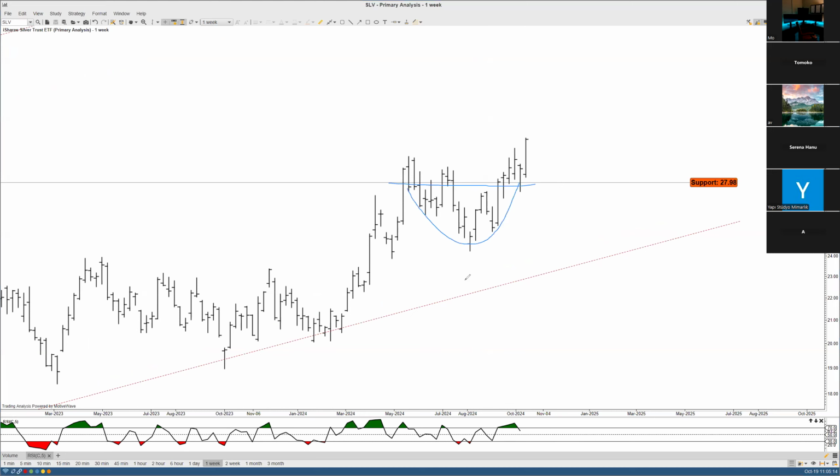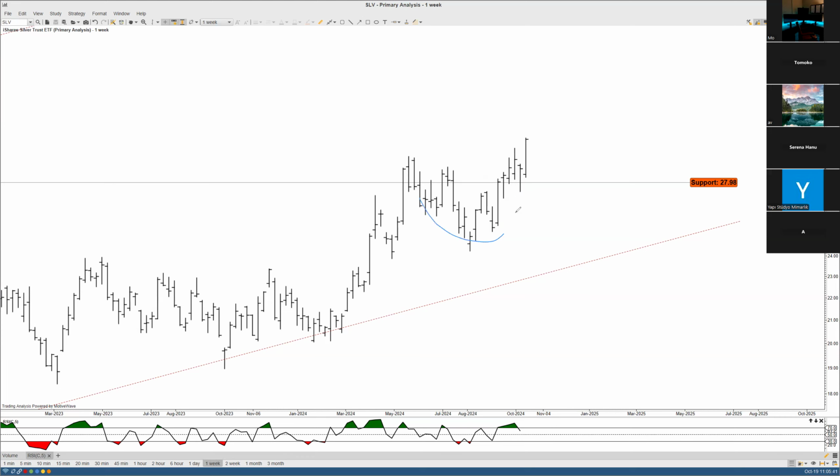Same zone. Okay. See, silver is a pattern player because it's not very liquid like GLD. Silver is only a cup pattern player, meaning that it makes round bottoms a lot of the time.